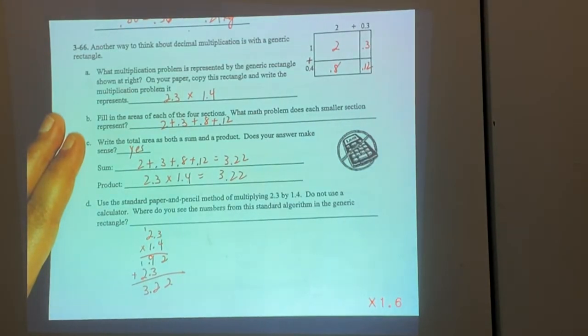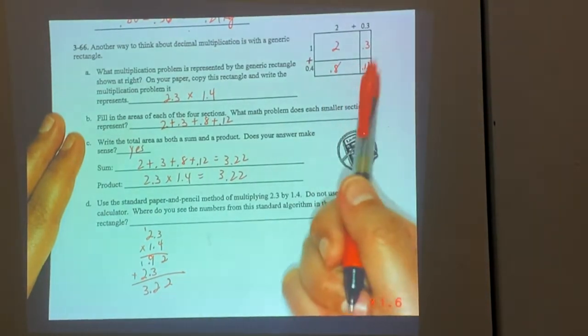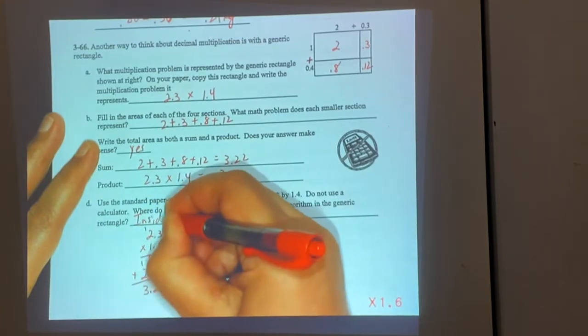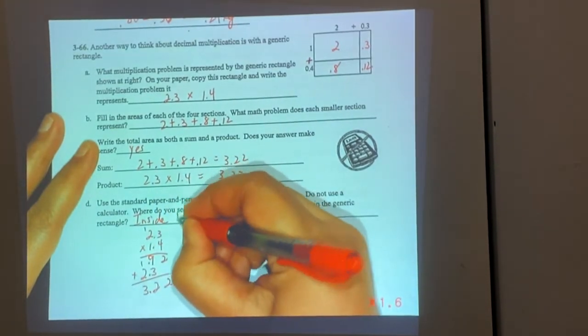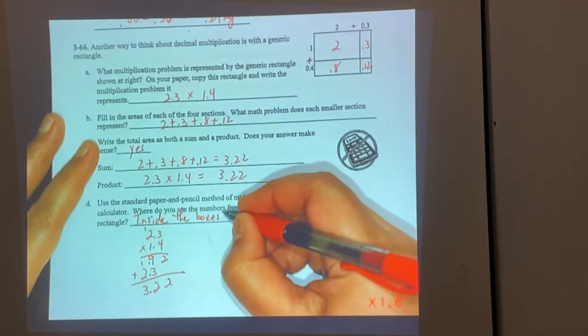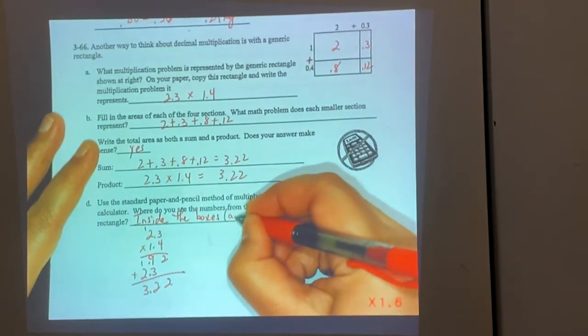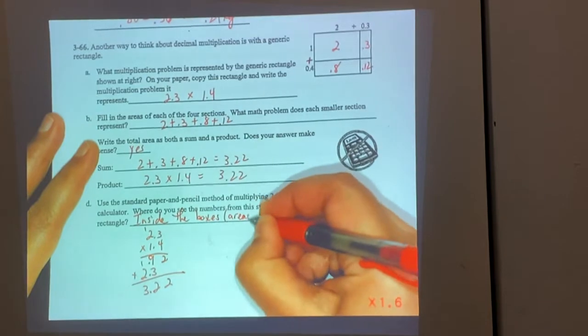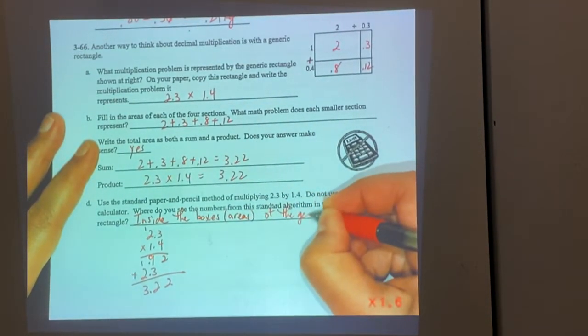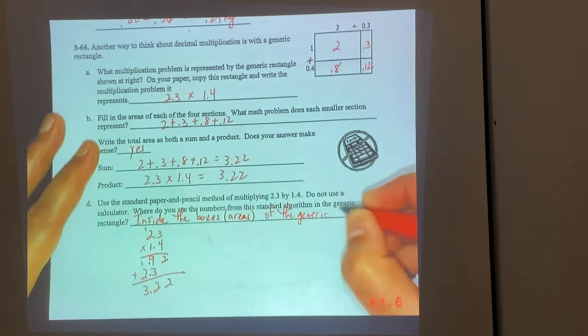Do not use a calculator. Okay, I didn't. Where do you see the numbers in the standard algorithm that you see in the generic rectangle? They are inside the boxes or areas of the generic rectangle.